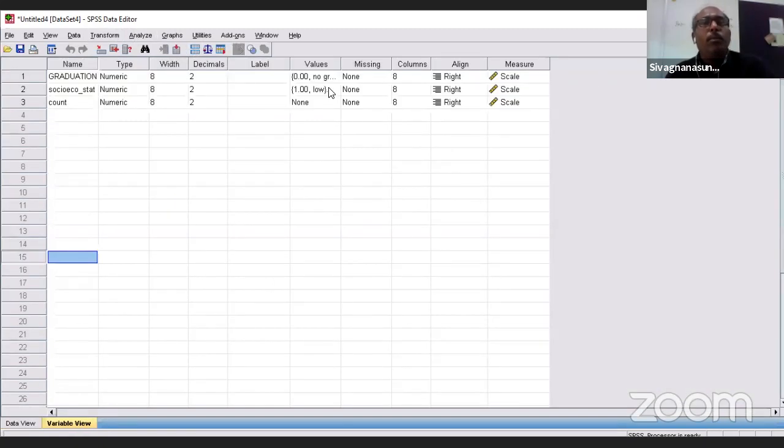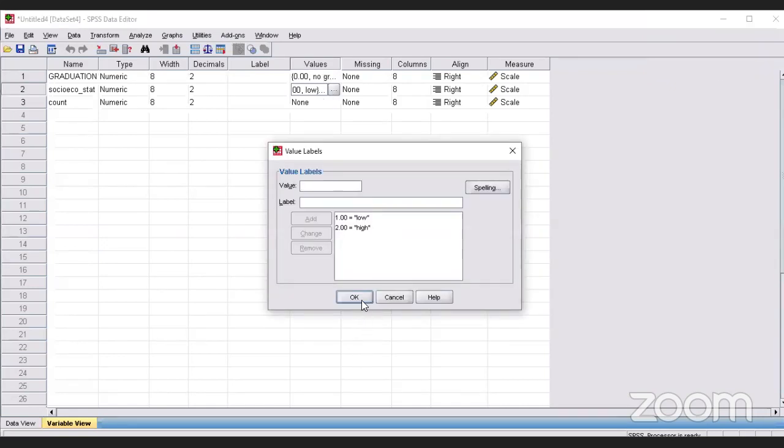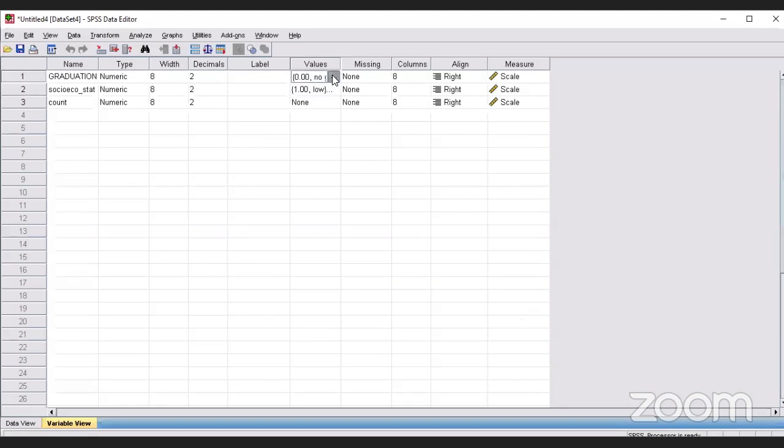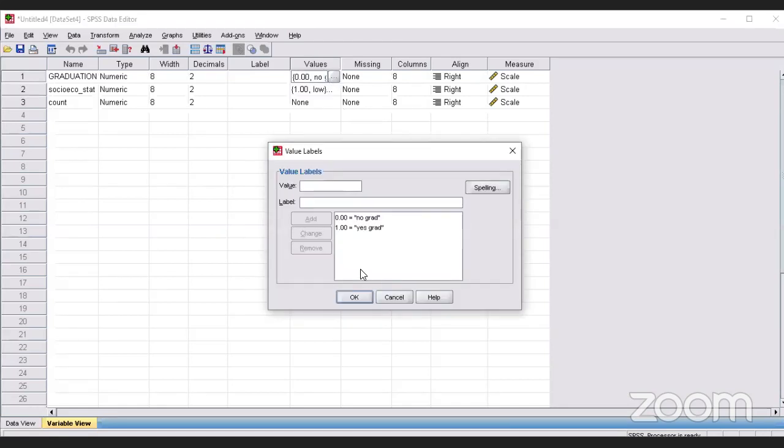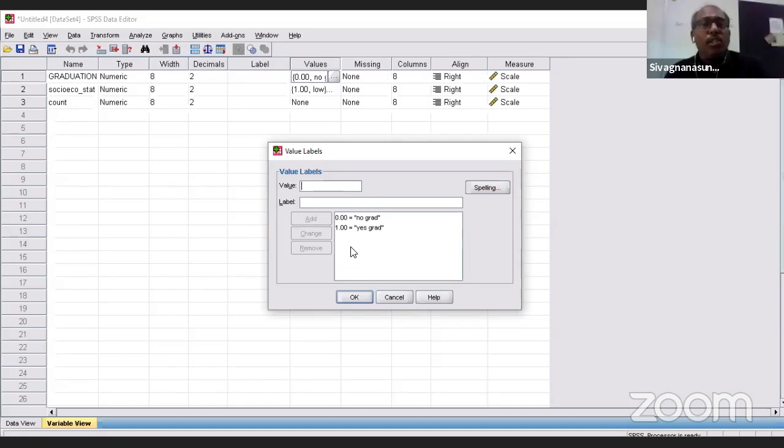So that variable B, socioeconomic, low to high. I have written values 0 and 1, whereas there it is 1 and 2. So change that. One is no grad, two is yes grad.